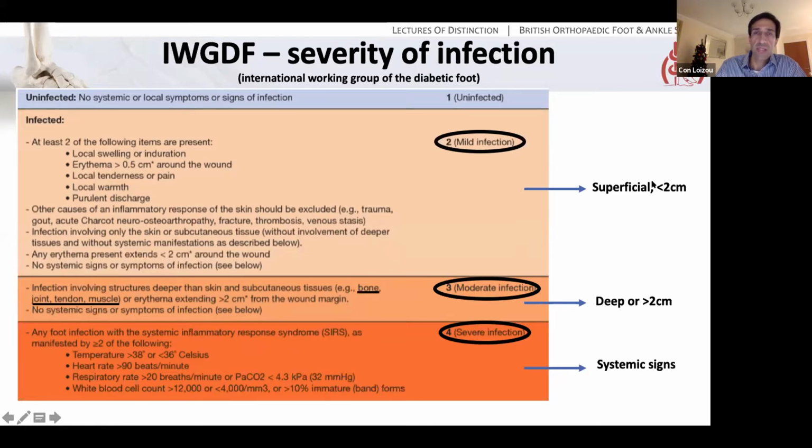And there is less than 2 centimeter cellulitis. In moderate infection, it's a deep ulcer or more than 2 centimeters of cellulitis. And severe infection is any of the above with systemic signs of sepsis. So in our case, it's a moderate infection because it is deep, and there's also less than 2 centimeters of infection.